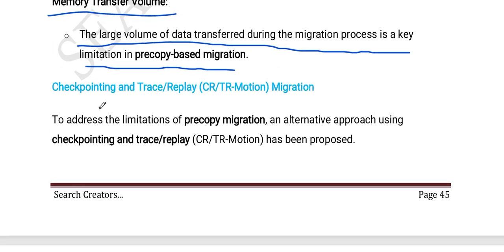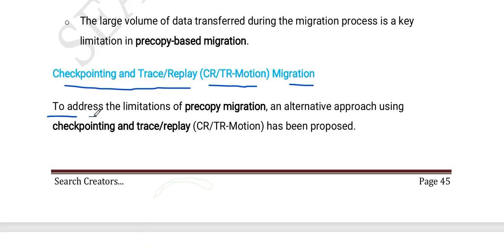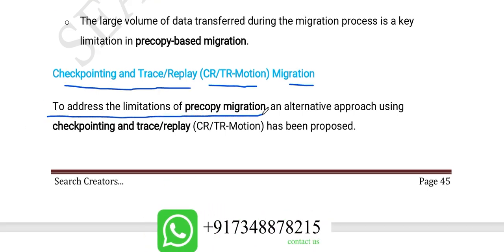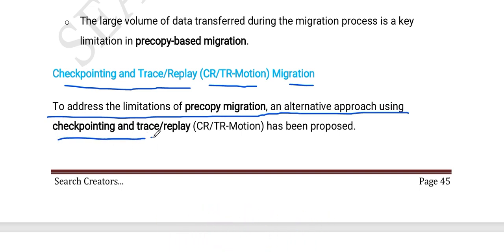Next is checkpointing. To address the limitations of pre-copy migration, an alternative approach using checkpointing and trace replay, like CRTR motion, has been proposed.